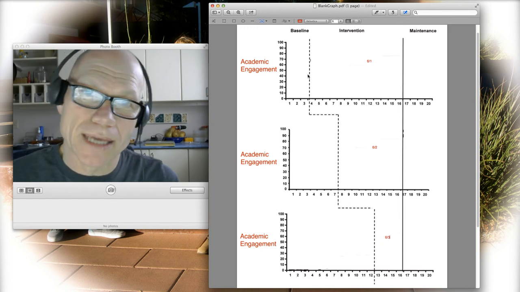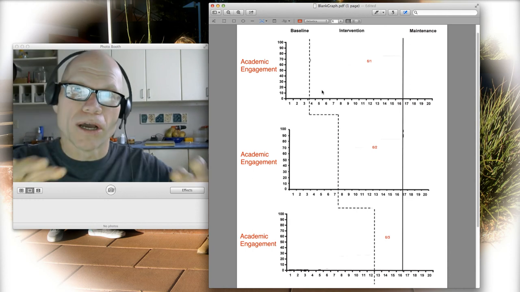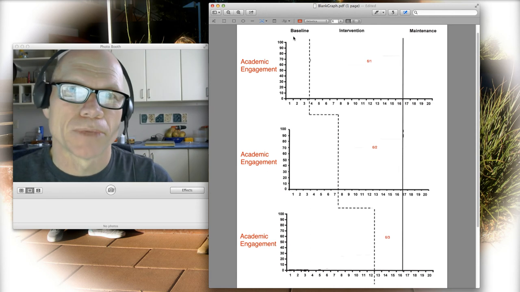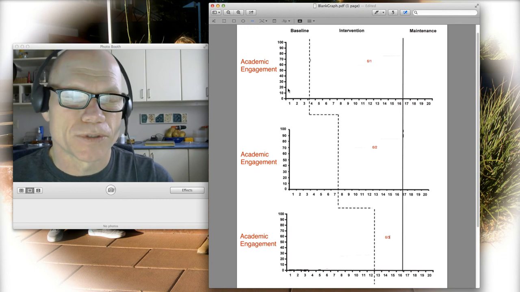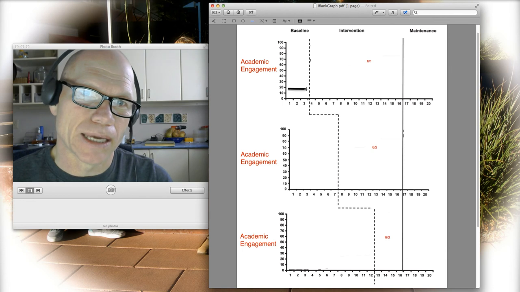And when she would be taking measures of academic engagement, she would be getting an overall measure of academic engagement for the classroom. So let's say she started getting an overall measure of academic engagement for this sixth grade classroom, and they were not highly academically engaged over 3 sessions.